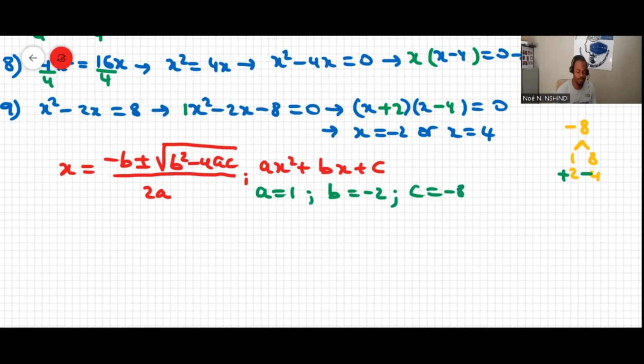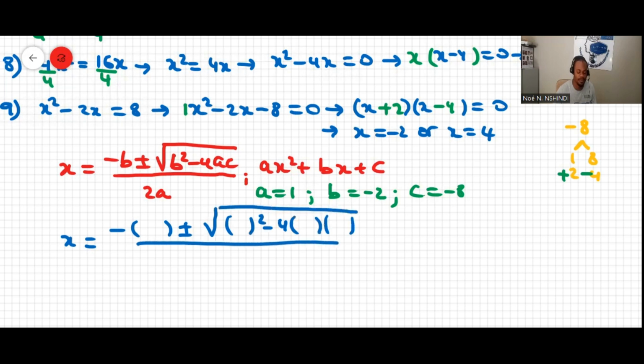Now we can substitute that using the quadratic formula. So it's going to be negative b plus minus square root of b squared minus 4ac, all over 2a. Then we can substitute the values of a, b, and c.